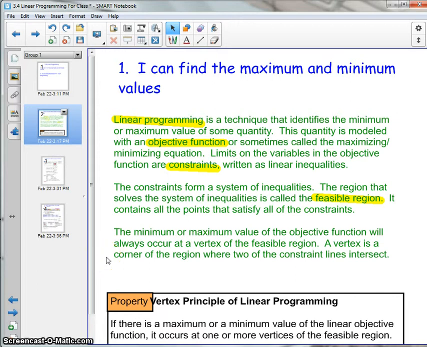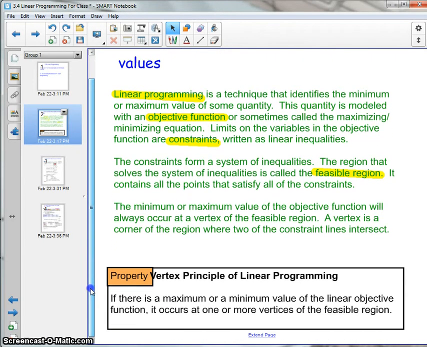Very similar to what we've done earlier, where we looked at the points of intersection for both equations and inequalities. So that point, we're going to call our vertex, and it's going to be at the corner of our feasible region, and we're going to find that our minimum and maximum value is always going to fall at a vertex of our feasible region.